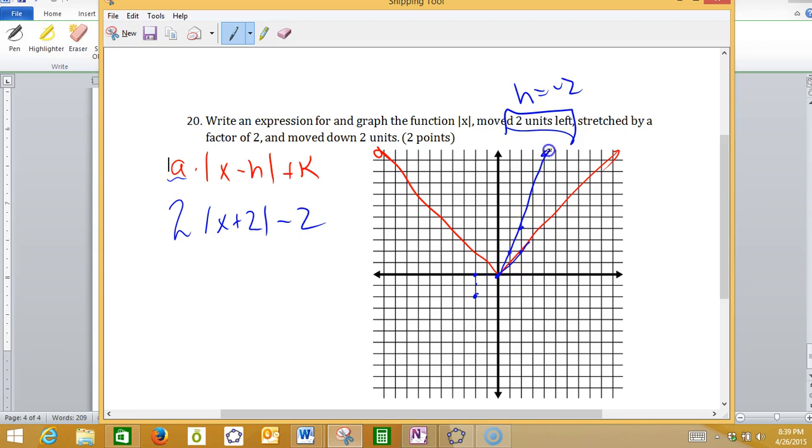So now our slope is stretched to 2. Move this graph over 2 and then down 2. So over 1, up 2, over 1, up 2, over 1, up 2, over 1, up 2. So here is our graph, this one right here.